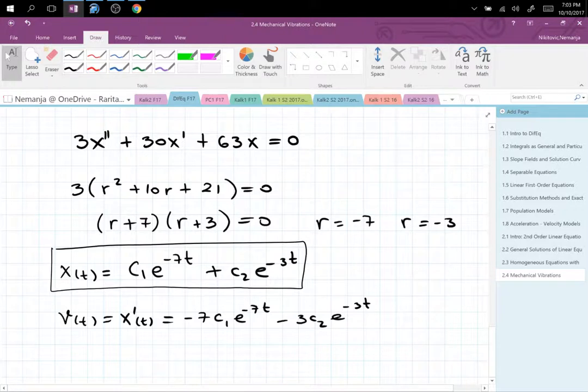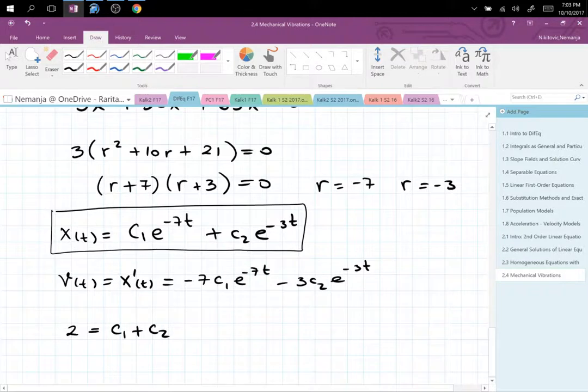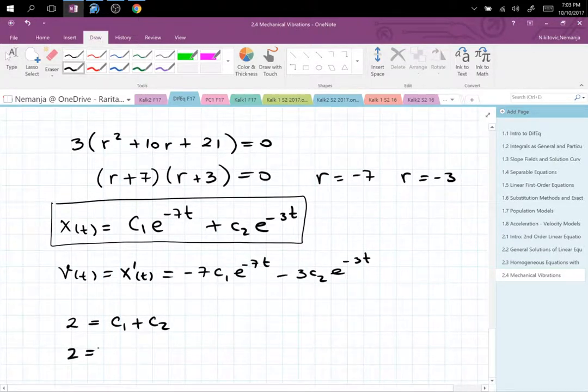And now you can plug values in. We have 2 and 2, right? So 2 is equal to c1 plus c2 because both of these exponentials were zeros. And 2 is equal to negative 7 c1 minus 3 c2.